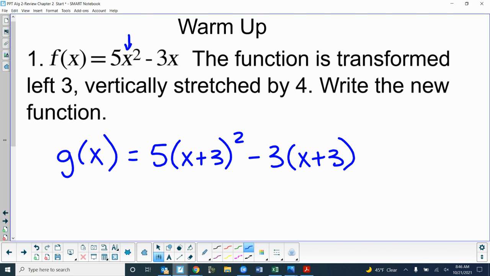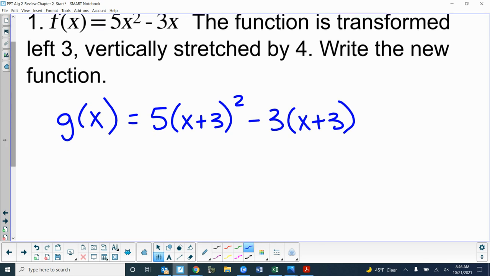Okay? So we're going to simplify that. We're going to clean it up first before we do the vertical stretch. Okay? Don't try to do both at the same time. Okay? So, remember, here on the side, we'll do it in a different color.